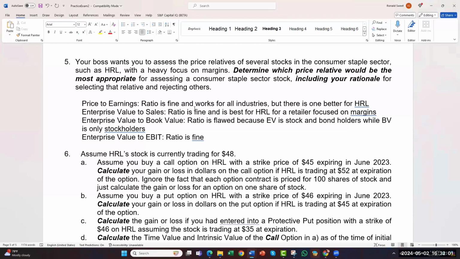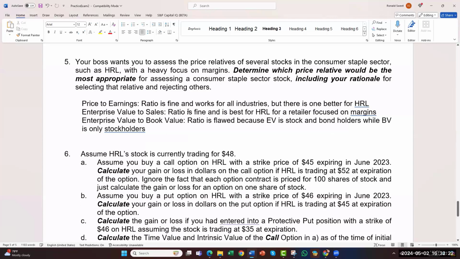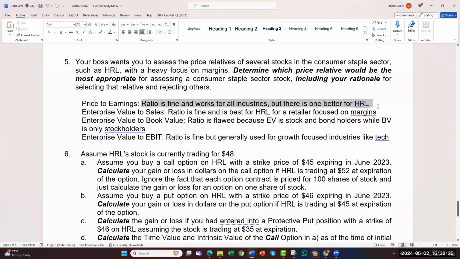And then the enterprise ratio is fine, but generally used more for growth focused industries like tech, something like that, right? So make sure you have something to say on each one of them. On all of them, you're going to say whether the ratios are fine or not. If the ratio is not fine, that's all you got to say.